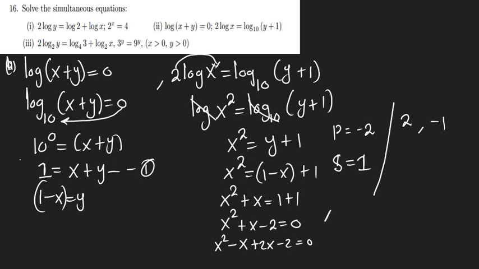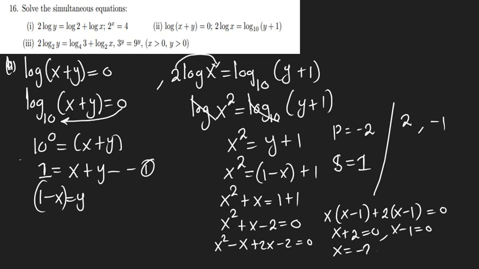So this is going to be x factored out, x minus 1 plus 2, then x minus 1 equal to 0. So x plus 2 equal to 0 or x minus 1 equal to 0. So x is equal to -2, which cannot give us a real solution because these are logs. Then x is equal to 1. So our only solution here is x is equal to 1.